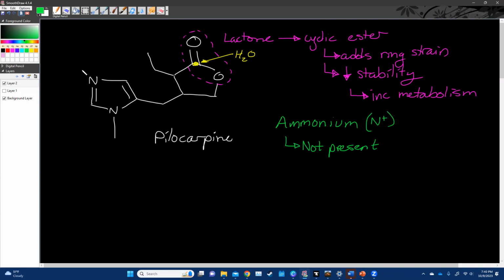Because what can happen is that this nitrogen, which has a nice lone pair on it, can end up bonding to a hydrogen, gaining that ammonium component. So it's not present normally, but can be formulated as such.